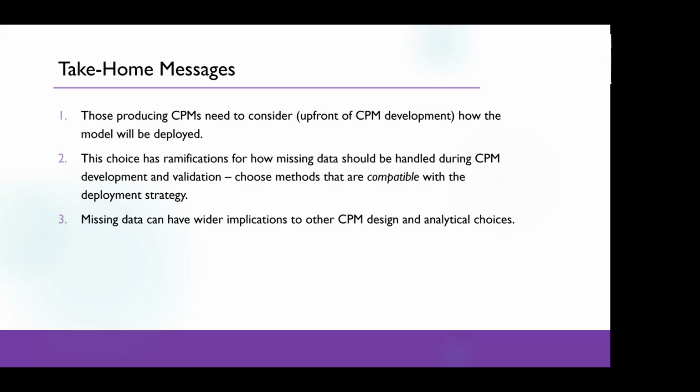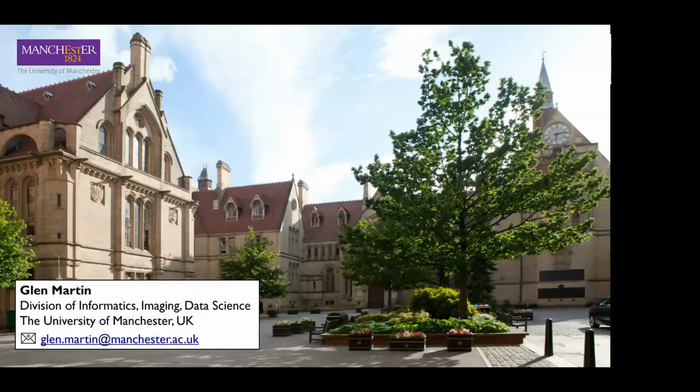I expect that missing data can have wider implications to other choices, but that shouldn't force us to shy away from using these techniques. So if you want to use multiple imputation, but you're concerned about variable selection, then I've cited some papers that you'd like to read. And with that, I thank you all very much for your attention.